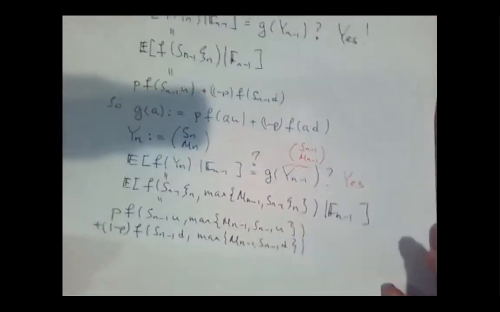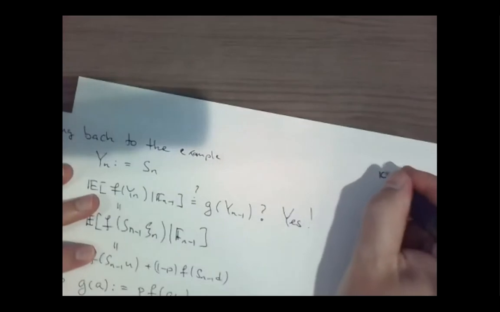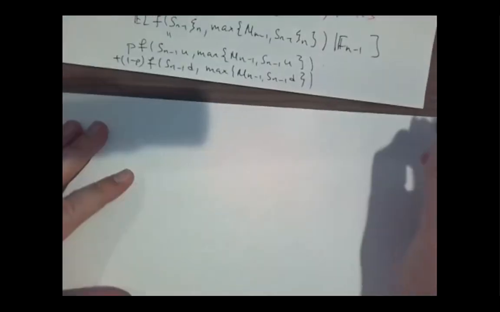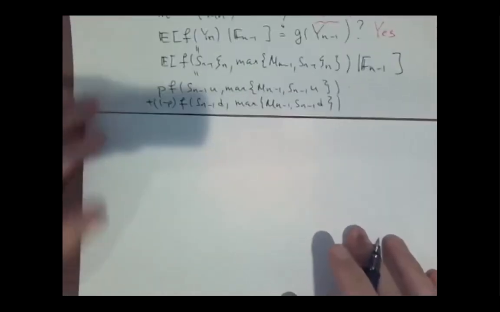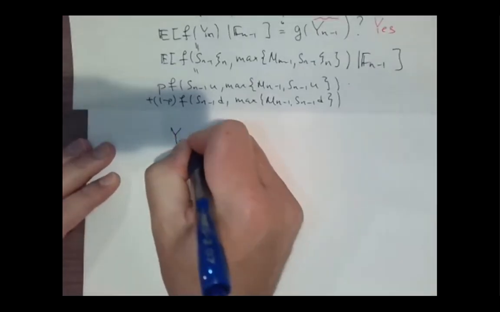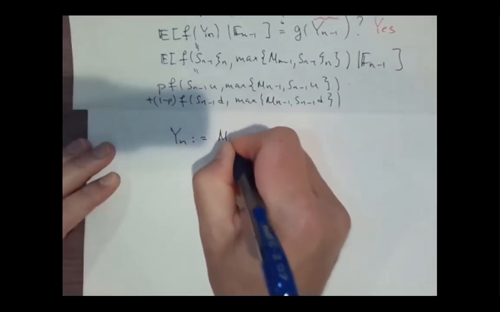And then the last one we discussed was, what about, so we're at 9, this is page 10, page 11. What about if I take Yn just to be the max?